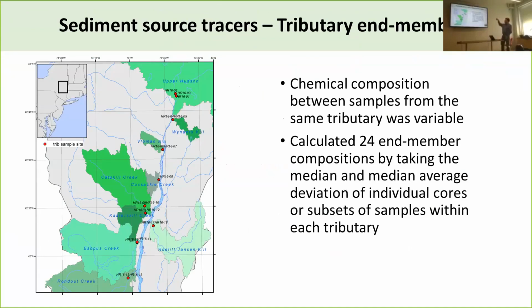So we sectioned different parts of the cores to better express the variability. Even though we didn't sample 24 tributaries, we came up with 24 distinct end members. For instance, in the upper Hudson, we broke that into 3 different end members, so that it would still find the right tributary, even though you might see some variability.